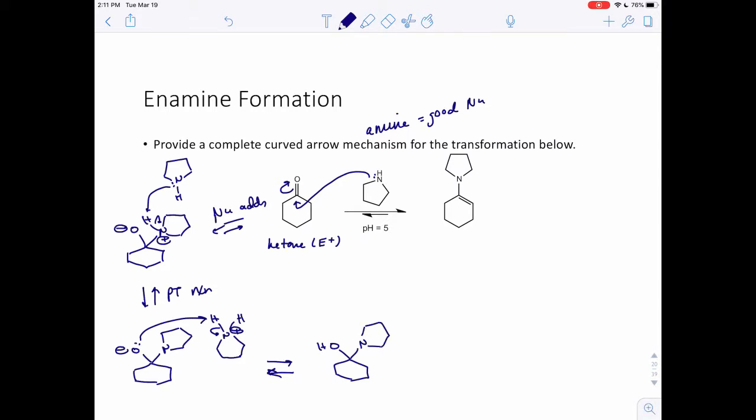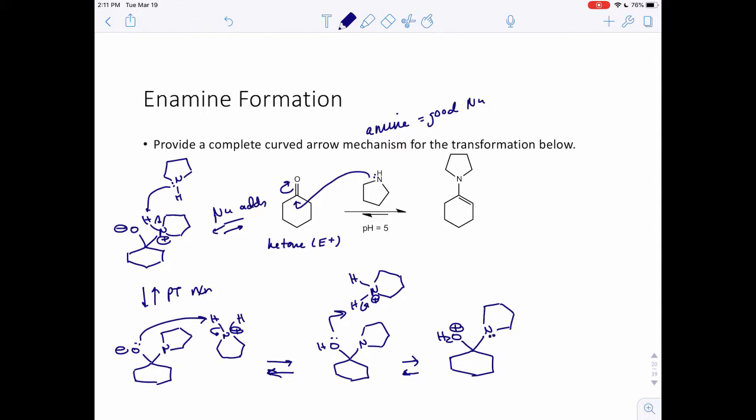Looks pretty stable, right? Yeah, I mean it is, but we're under mildly acidic conditions, so we can go ahead and protonate it to generate water. Once we've generated water, which we're almost there, then the water can leave. And if you're in a lab, you would be using a really special piece of glassware to collect that water and take it away and use Le Chatelier's principle to drive the reaction.